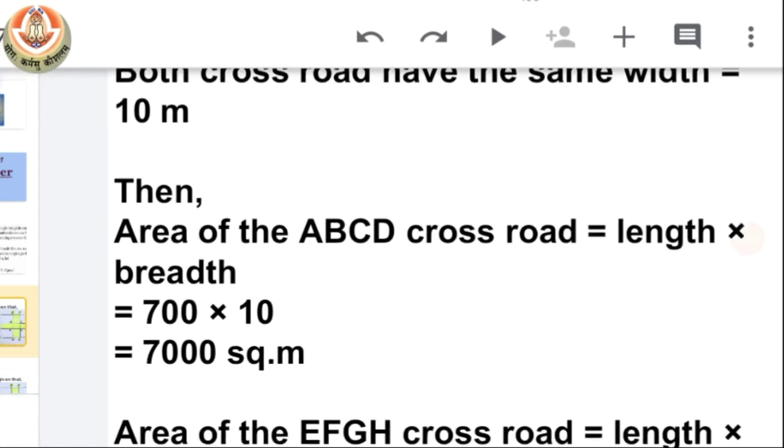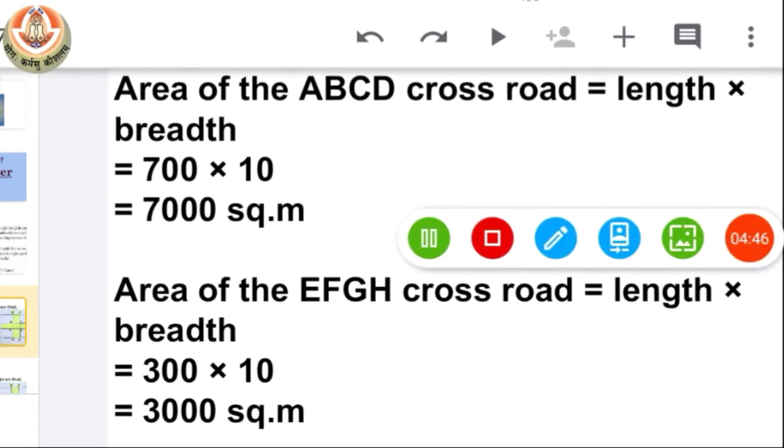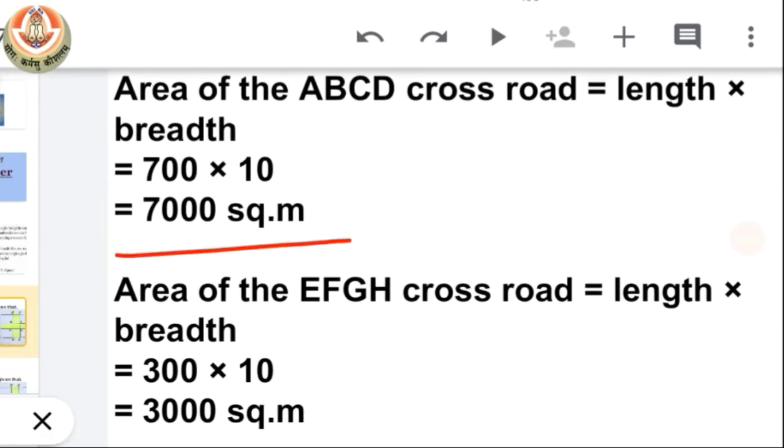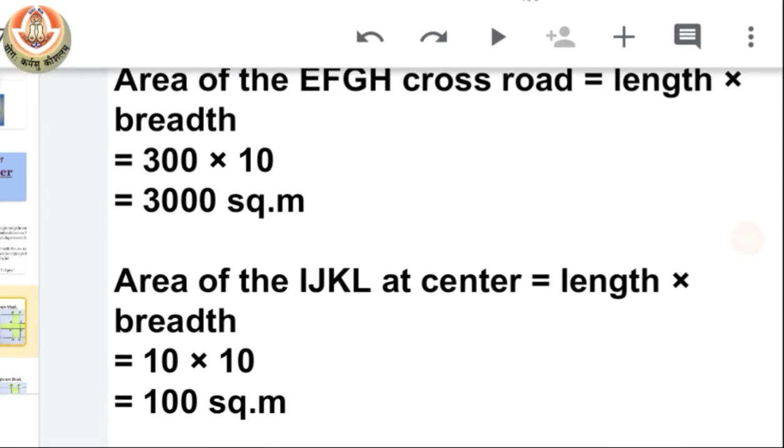So then the area of ABCD will be length into breadth. So its length is 700 and breadth is 10. So it is 7000 meter square. And similarly, area of EFGH will also be 300 into 10, that is 3000 square meter.